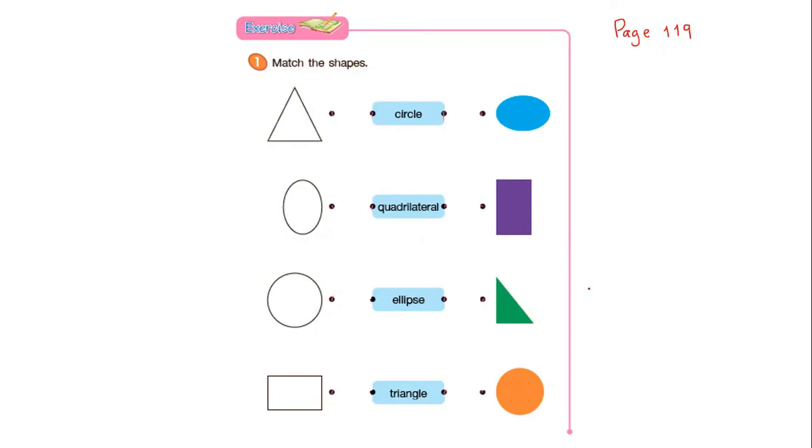Okay, so I'll do one for you and you can answer the rest. Okay, you can see that this is a circle and this is a circle. So now you can show the quadrilaterals, the ellipses, and the triangles.